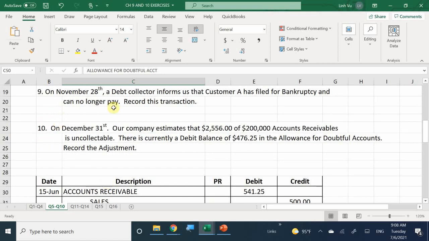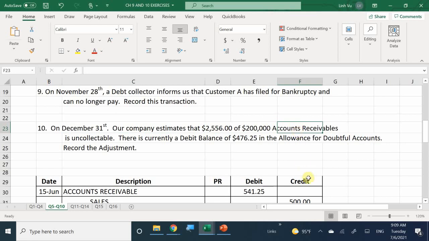All right. So let's look at this carefully, okay? It is now December 31st, so it's the end of our accounting period, okay? And we have an estimated amount of $2,556. Okay? And it's an estimated amount based on accounts receivable.